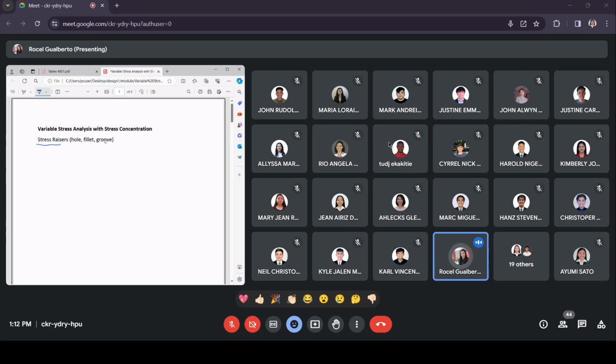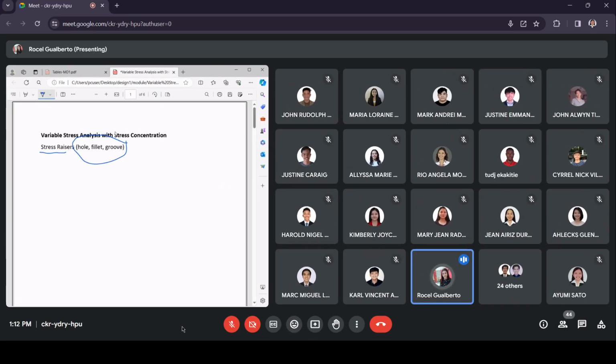Examples of stress raisers include the following: the hole, the fillet, and the groove. Other types of stress raisers, for example cracks, blowholes, even corrosion, are also stress raisers, but they are different from these three in that these are part of the design.